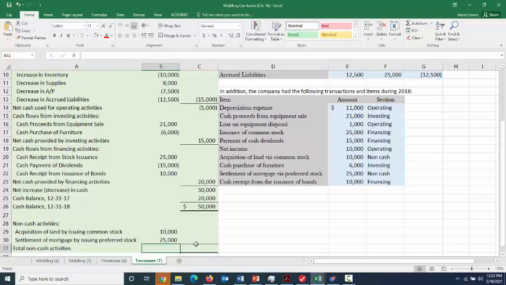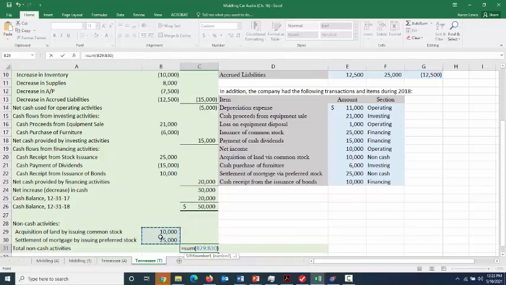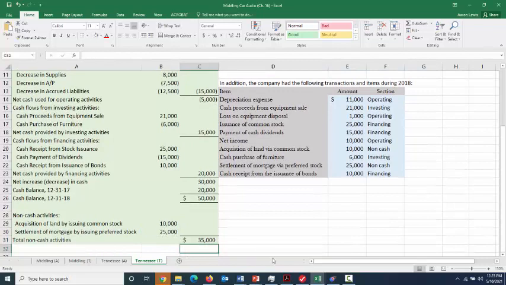And to make it easier on them, we put it right here. We settled the mortgage by issuing preferred stock. It got us out of $25,000 of future payments. And if we sum that up, in total, we're going to have significant non-cash investing and financing activities of $35,000.